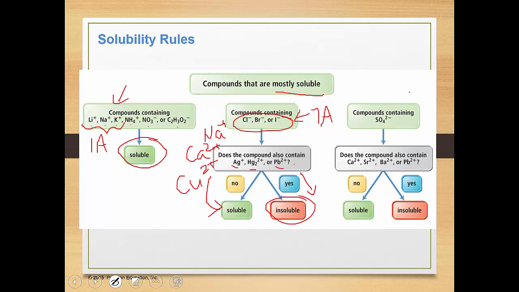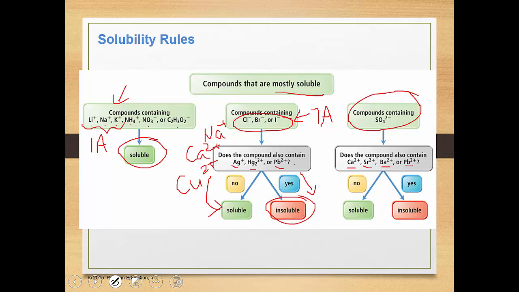And then compounds which contain sulfate. Again, with a few exceptions, sulfate-containing compounds tend to be soluble. The exceptions are calcium, strontium, barium, or lead. And notice it's a little bit different from the list we had for the group 7As.